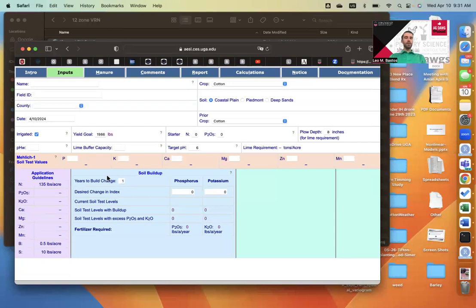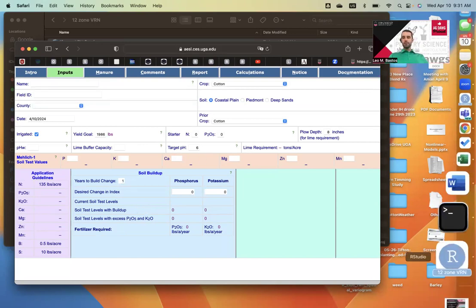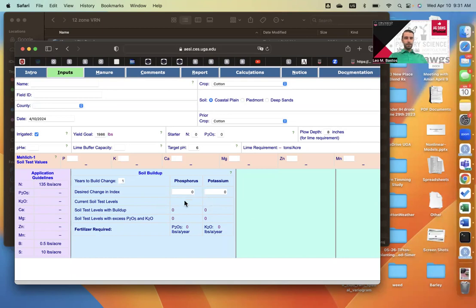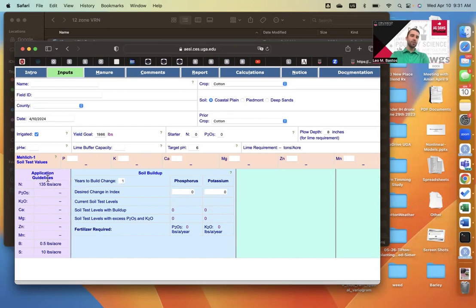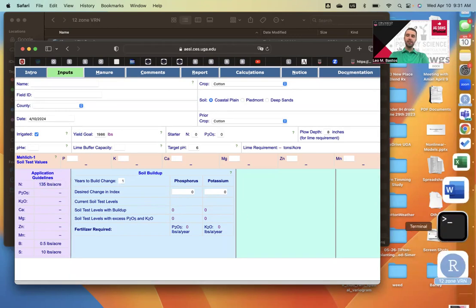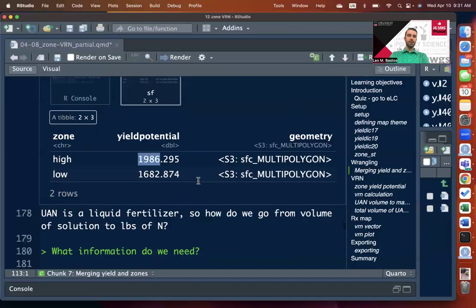Doug, in your case, if you want to follow what I'm doing on my side for now, you can work along, but then afterwards we can figure out what happened with your yield. 1,986 is my yield potential for the high yield zone, which is giving me a recommendation of 135 pounds of N per acre.